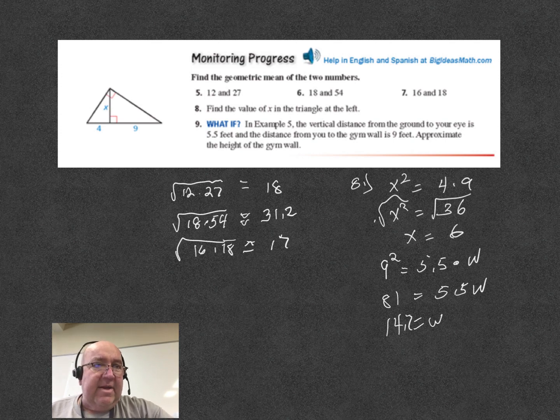Again, if we want to find the height of the wall, we're going to go 14.7 plus 5.5, and that's equal to 20.2 feet.